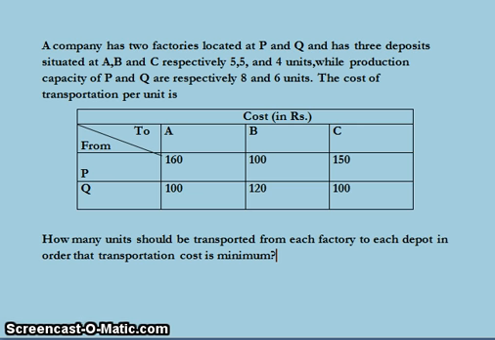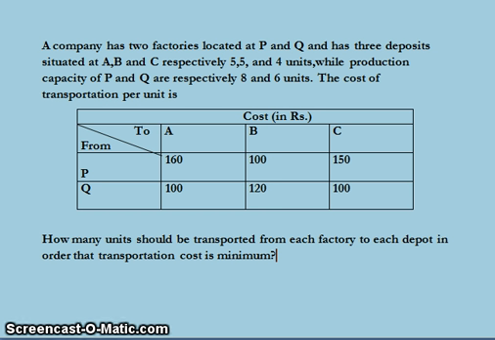The transportation cost from P to B is 100, and from P to C is 150. The cost of transportation from factory Q to depot A is 100, from Q to depot B is 120, and from Q to depot C is 100.